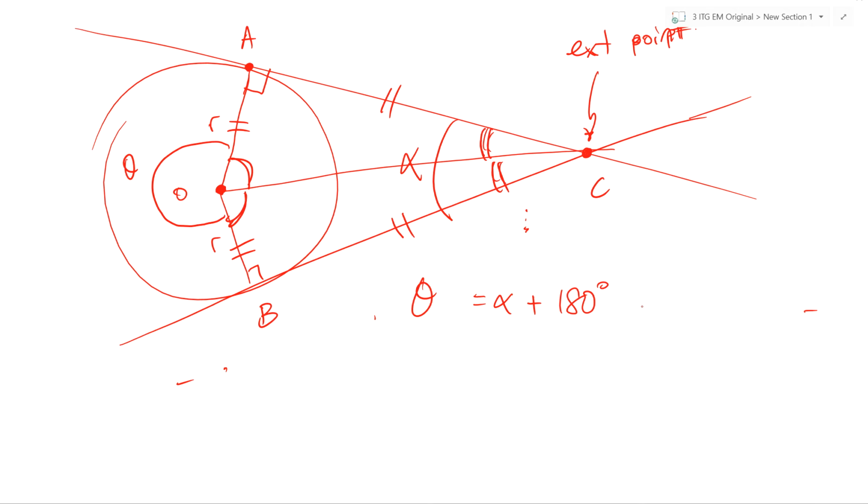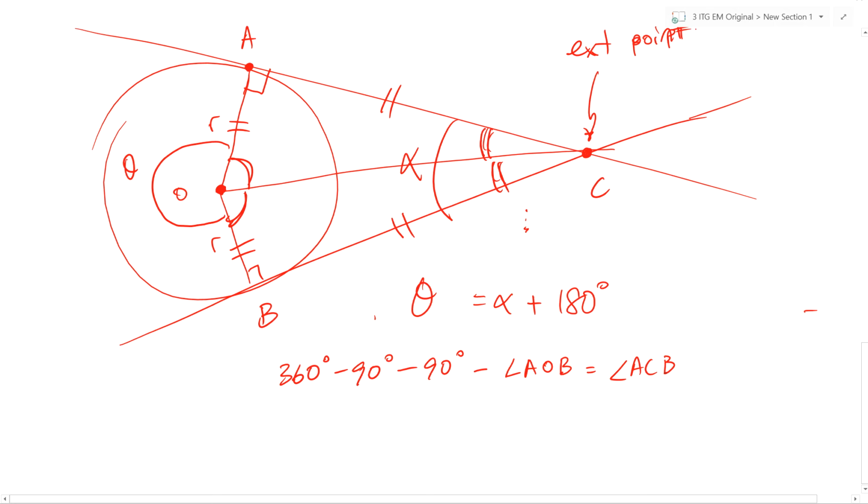Okay, come, let's try. 360 minus 90 minus 90 minus angle AOB equals angle ACB. 360 minus 90 minus 90 is 180.